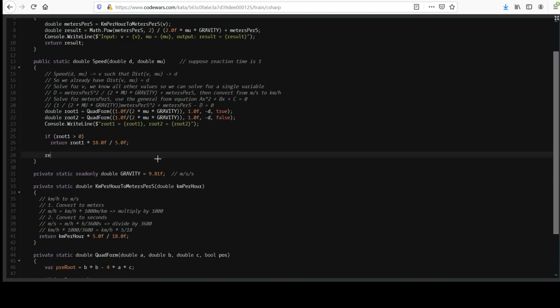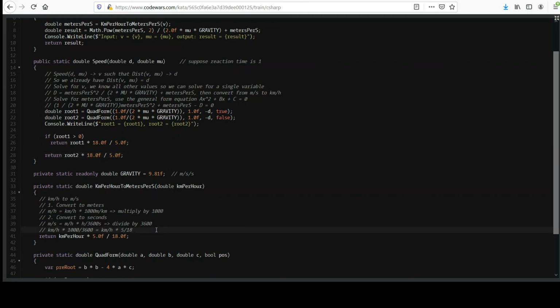I'll just say return root 2 times 18.0. Otherwise, return that one. And I think that covers us. That should convert the value back to v, assuming our quadratic formula works right.